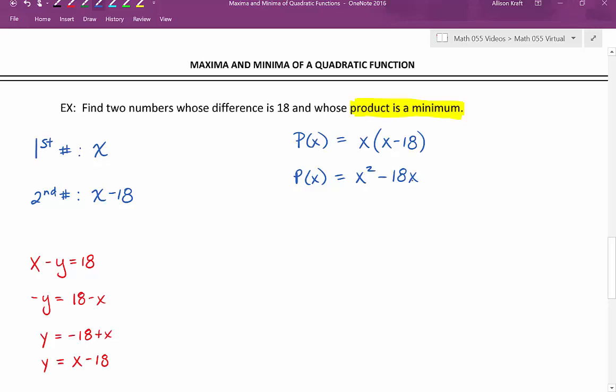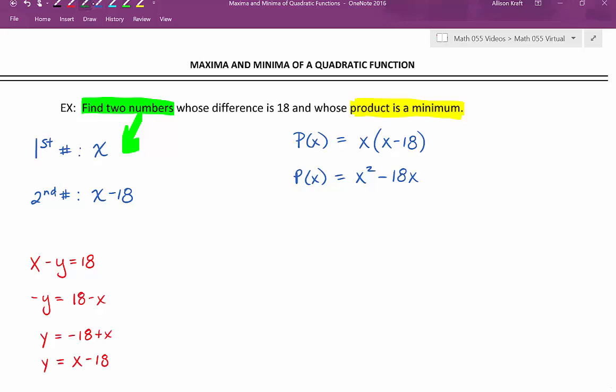We need to decide whether we're looking for the x or y coordinate of the vertex. Although it's the product that is a minimum, we're being asked to find two numbers. And if you look to the side here, where we have defined our two numbers, it's x that's showing up.